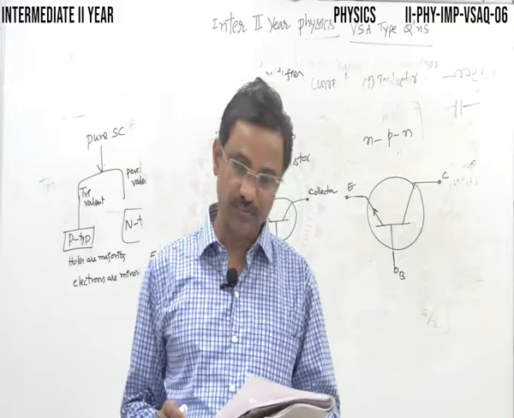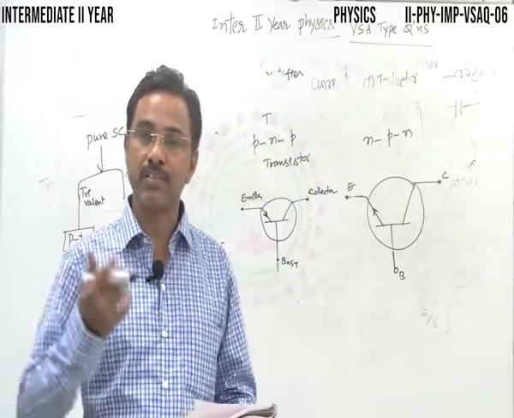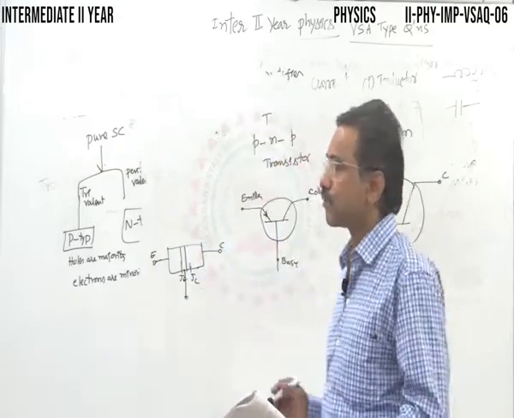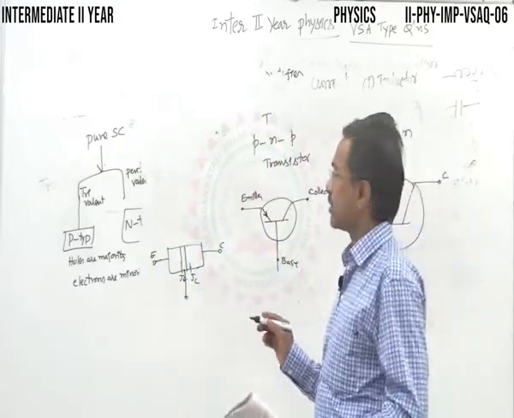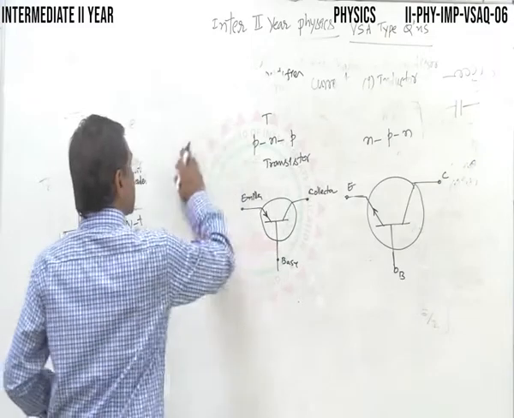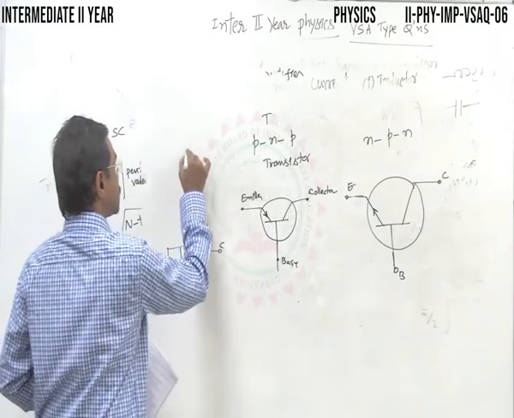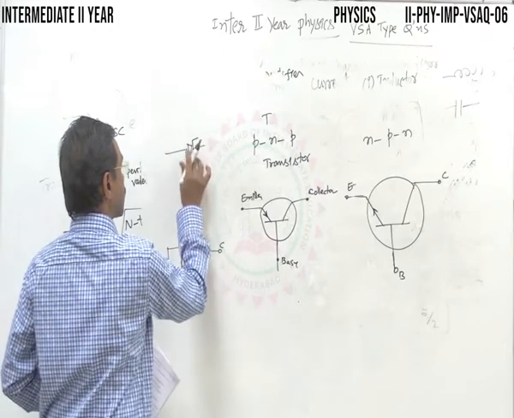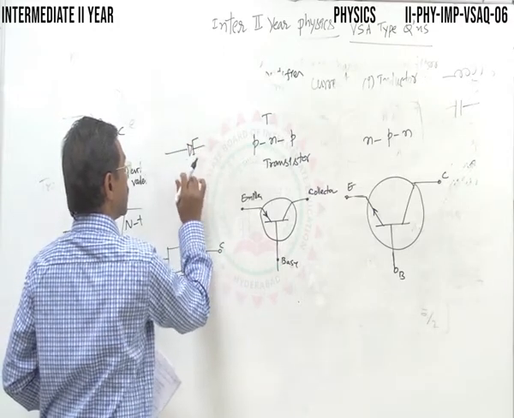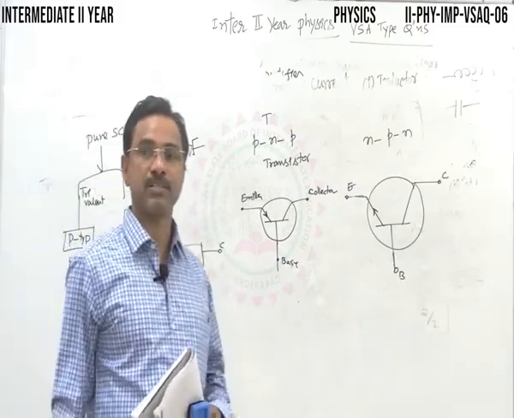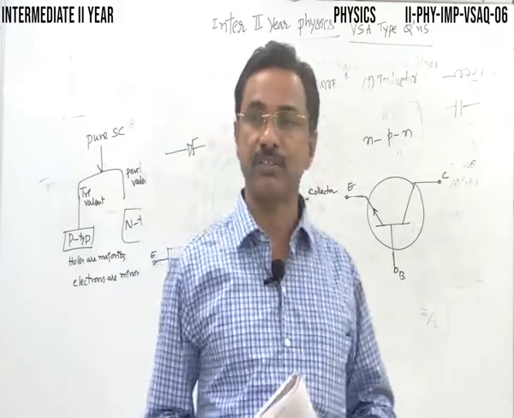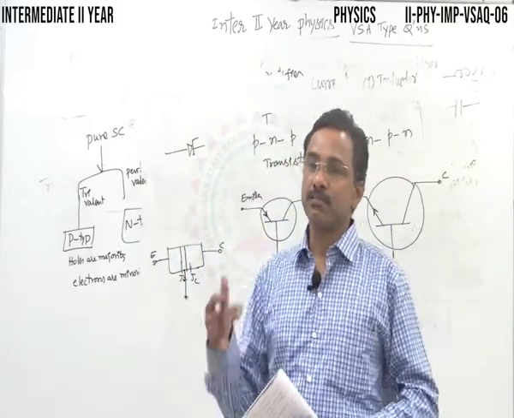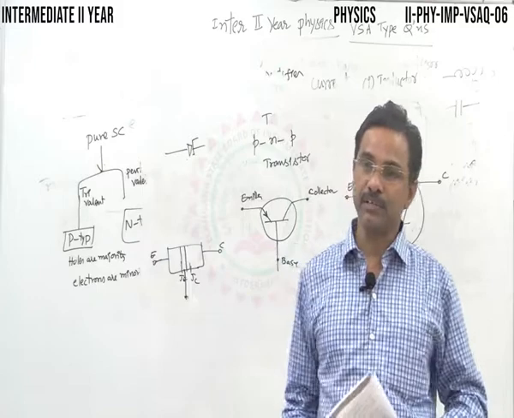An amplifier is a device employed to increase the strength of a weak signal. Now the Zener diode. Of course it is deleted from the syllabus, but for competitive exams, it is a junction diode. The symbol used is like this. This is the Zener diode. It always works under reverse biased condition, where it is used as a voltage stabilizer or voltage regulator, right?